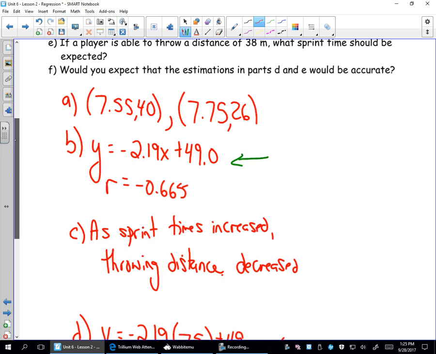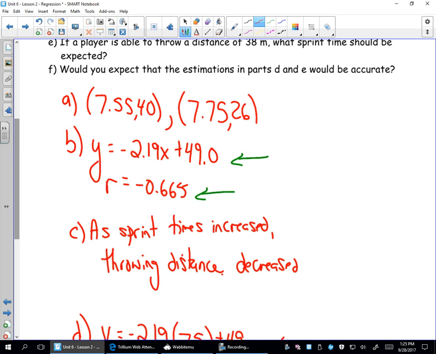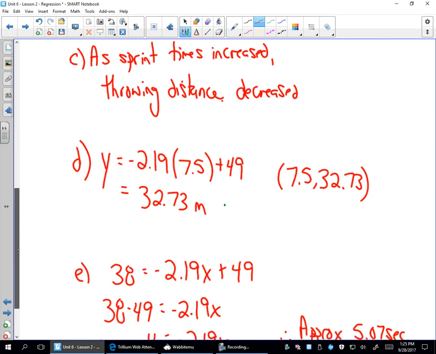However, how strong was our model? The model value is right here. It's not a great model, it's moderate. We prefer strong.